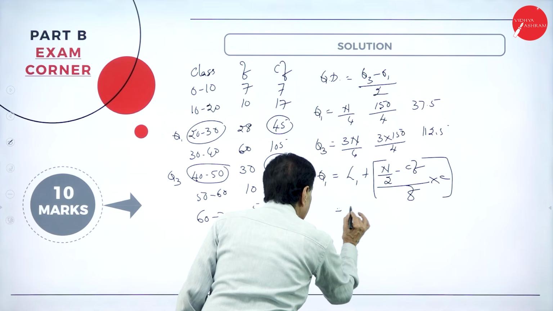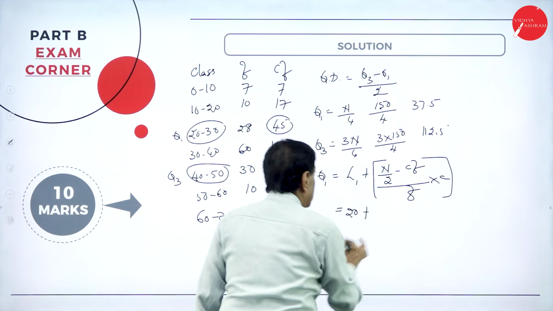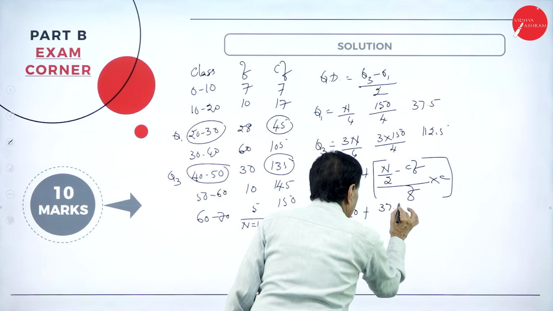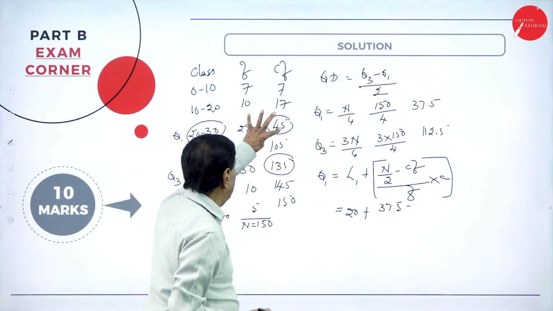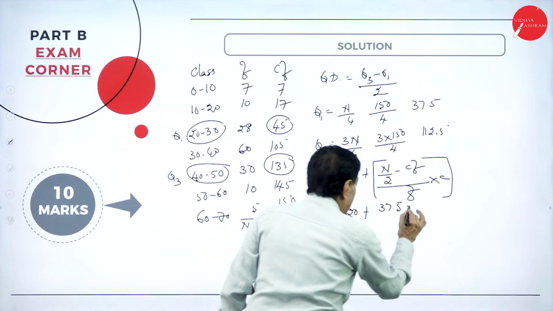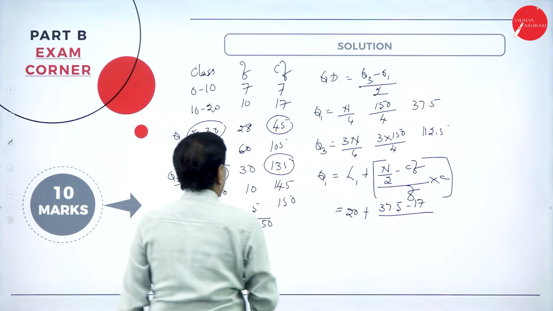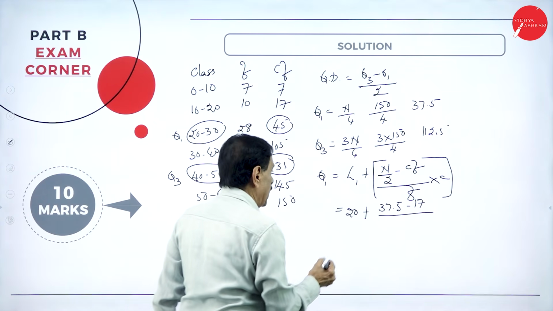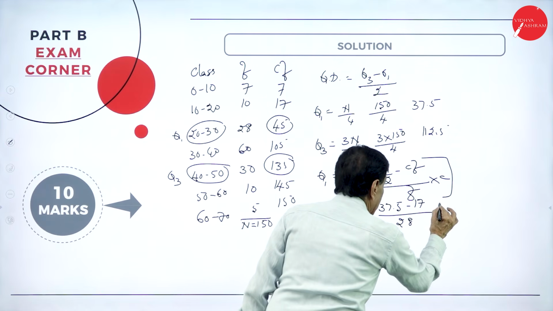L1 is 20. What's your n by 2? 37.5. Minus, behind this, which range you have selected? 20. Behind this is 17. Divided by frequency of that group is 28. Into class interval is 10.